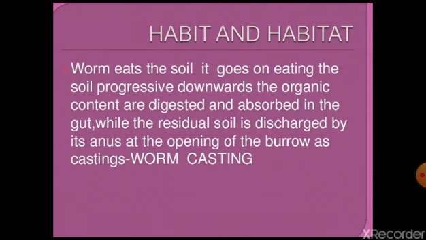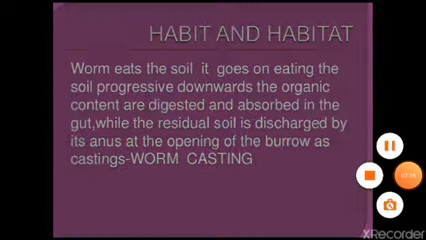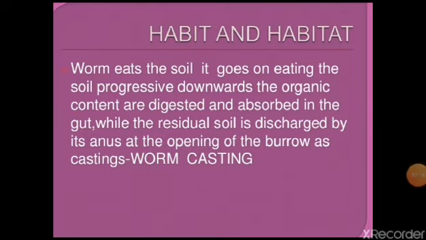The worms eat the soil continuously, and the burrows created help them move progressively downwards. The organic content of the soil is digested and absorbed in the gut, while the residual soil is discharged through the anus at the opening of the burrow as casting, usually known as worm casting.